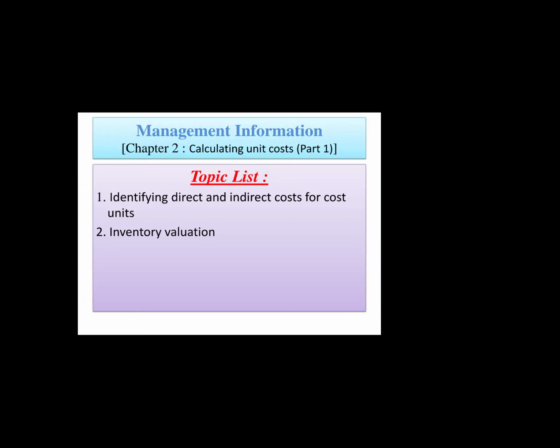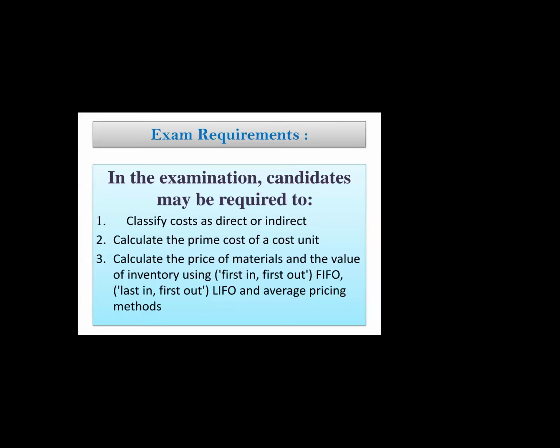In this chapter we will discuss identifying direct and indirect cost for cost units and, most importantly, inventory valuation. Inventory is one of the most important parts of business, and its valuation is also very important. That's why we will discuss inventory valuation in this chapter.